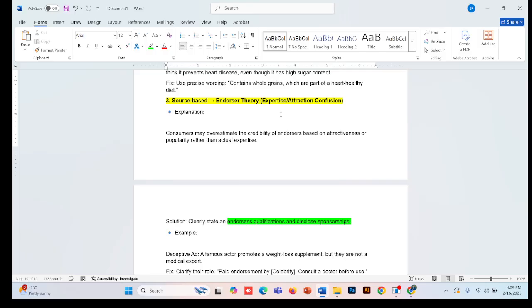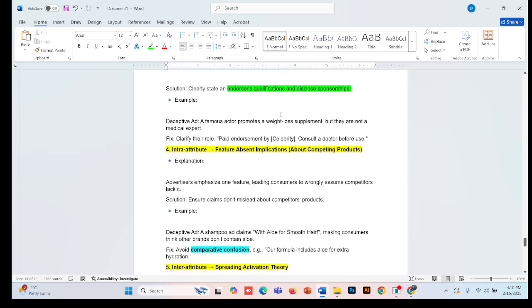Of course, that person is not a health specialist, and whatever he says should not be credible. So to solve this problem, the advertiser might use a disclaimer like, take a consult with a doctor before you use this product, or that it's a paid promotion. Otherwise, some consumers might take their decision based on the celebrity's attractiveness or popularity.